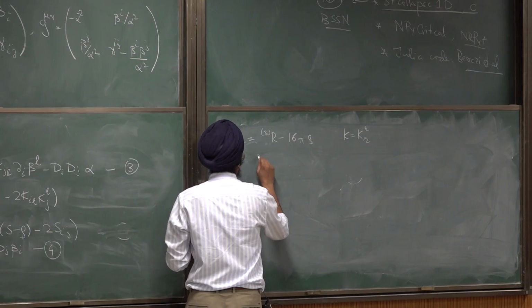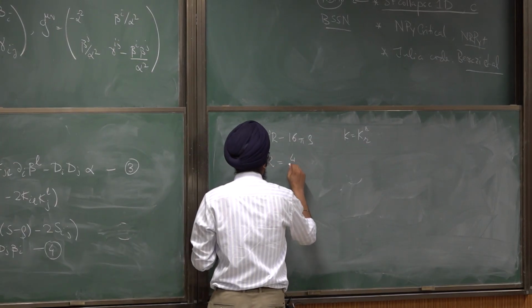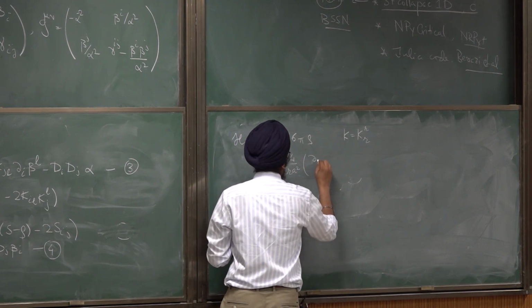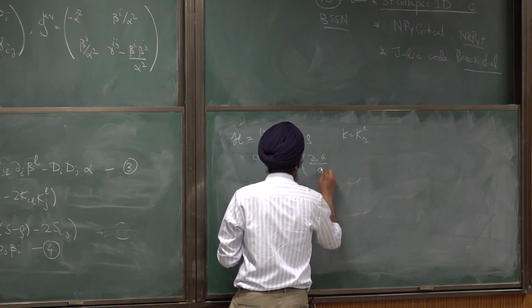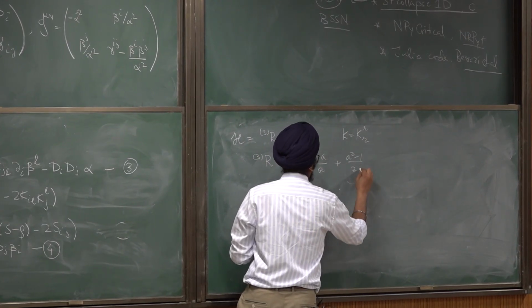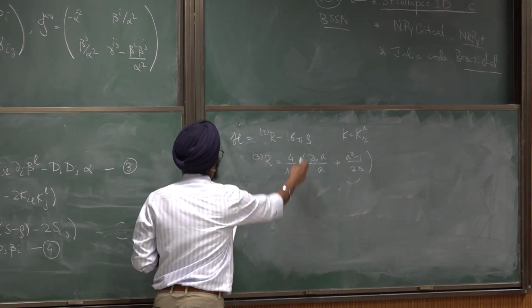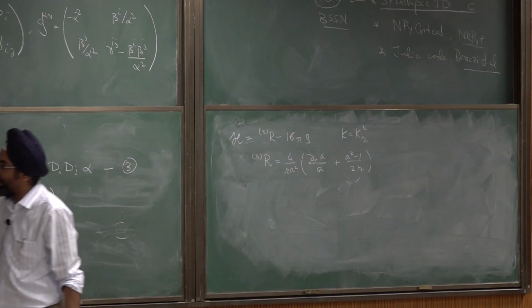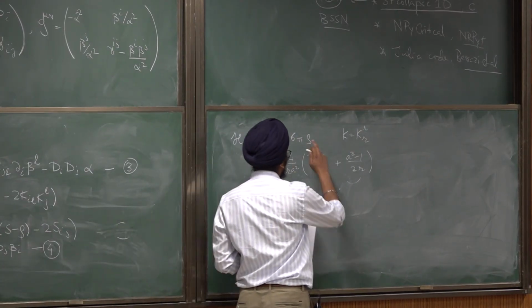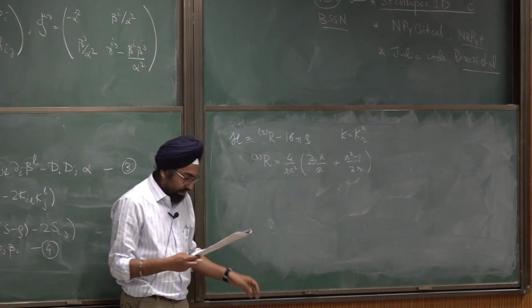And 3R for this metric gamma ij, which we have considered, is just 4 by r a square del r a by a plus a square minus 1 by 2r. So you can just substitute, rho is just phi square plus pi square by 2a square, and P_R is this, so it can be substituted for the Hamiltonian. It's just a simple thing.